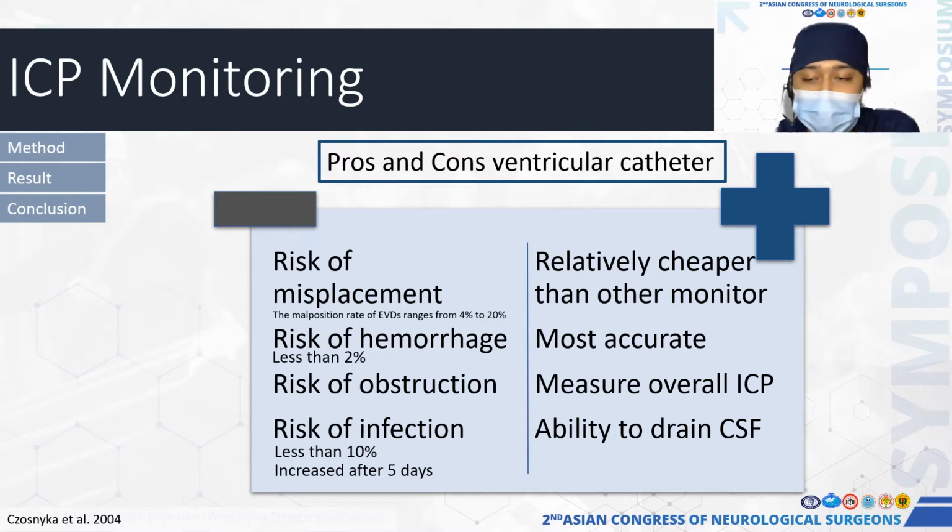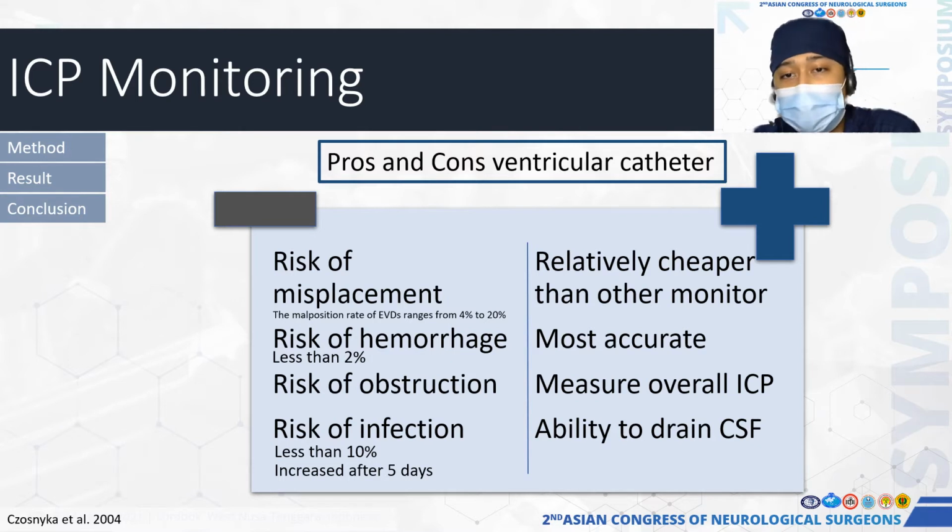There is also a risk of obstruction, even though we have already put the ventricular drain in correctly, after placement of the ICP monitor into the ventricular system. The risk of infection is less than 10% and increases after 5 days. So that is one consideration as to how long we should keep the ventricular catheter in place.